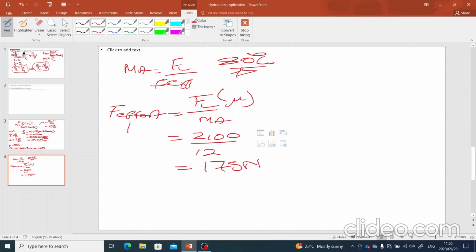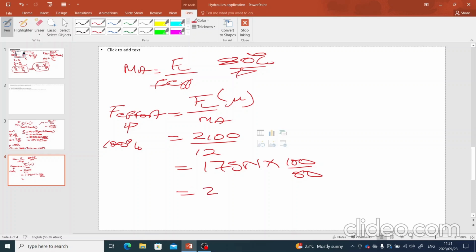And we said that F effort is always calculated from what? From 100%, because it is human ability. That means we need to step up this force to 100%. You will then multiply by 100 divided by 80.